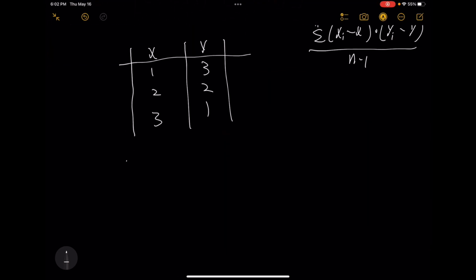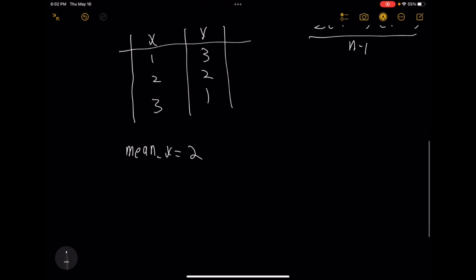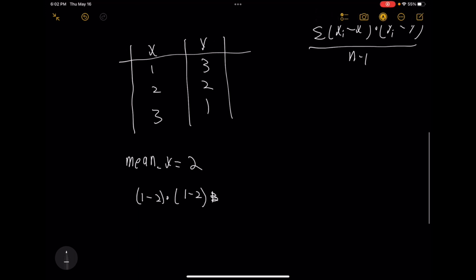So first we need the mean of x, which in this case would be 2. And we would take every value of x. So we would take x1, which is 1, minus 2, times 1 minus 2. So that would be the first instance. Then we would add that to the same thing with the second instance.